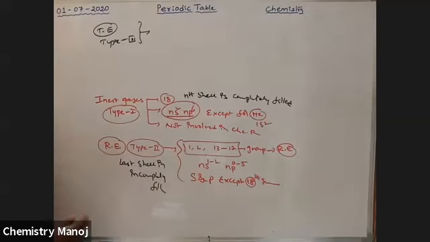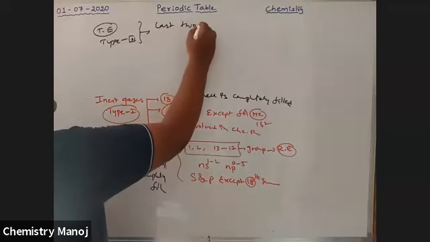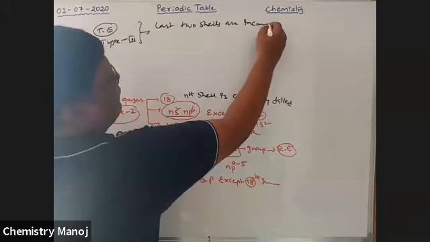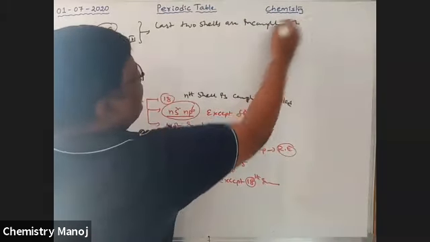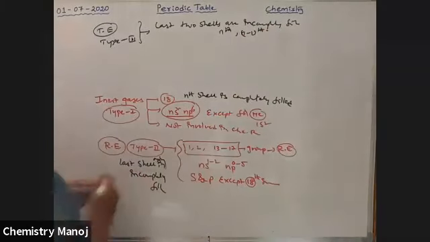Last shell is incomplete, last shell only incompletely filled. Next, last two shells are incompletely filled, that is, the nth shell and n minus 1th shell are incompletely filled.